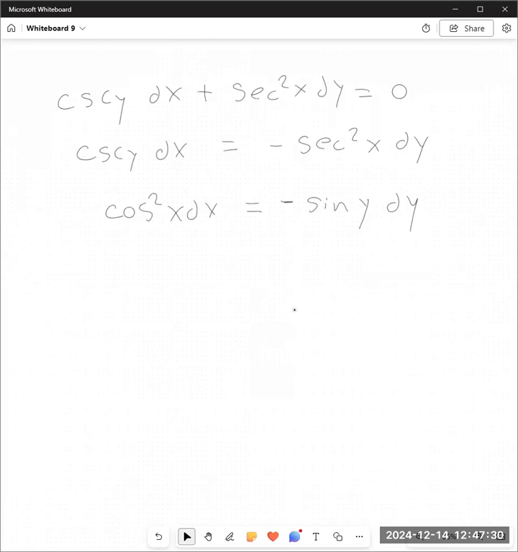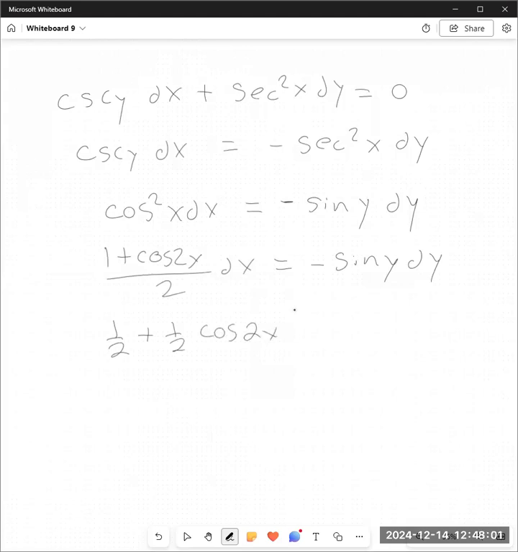And before I go ahead and integrate, I'm going to use my power reducing formula here on the left-hand side, because I know I need to do that to integrate cosine squared. So this can be 1 plus cosine of 2x over 2 dx is equal to a negative sine y dy. This is 1/2 plus 1/2 cosine 2x dx is equal to a negative sine y dy.